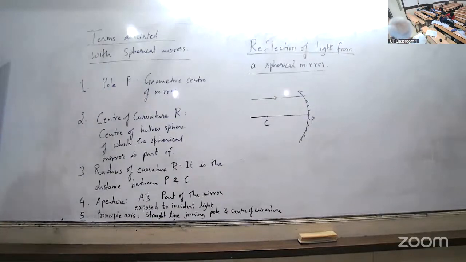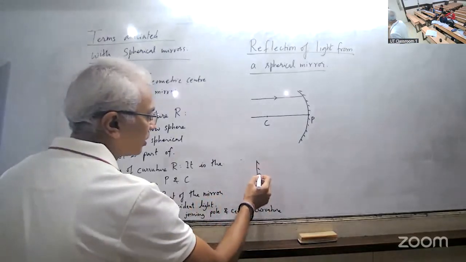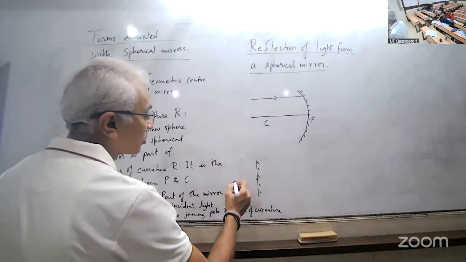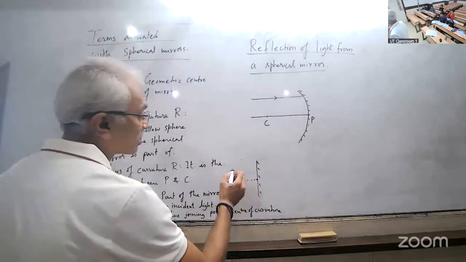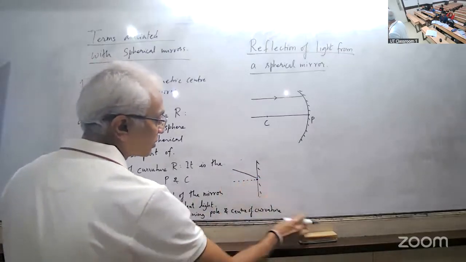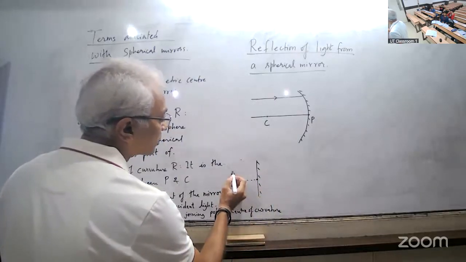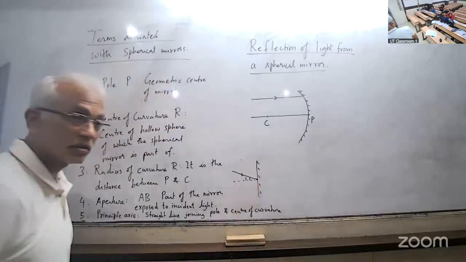What is the normal on a plane surface? Let's say this is a plane reflecting surface. Normal is perpendicular. Now let us say a ray is incident. Then I have angle of incidence, right?